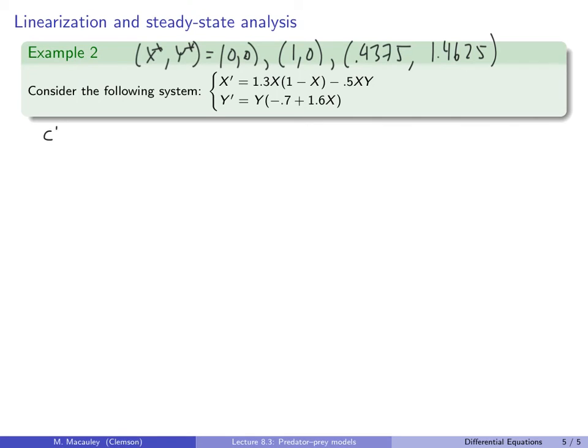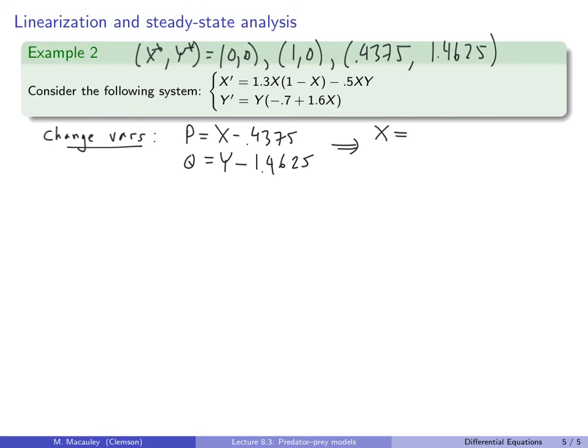So to do that, we change variables, and it's going to be messy, so I'll just tell you what the actual algebra is. So you get P is X minus the X star, so that's X minus 0.4375, and Q equals Y minus 1.4625. And so this we solve for X because that's what we want to eliminate.